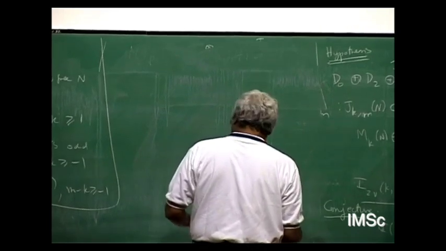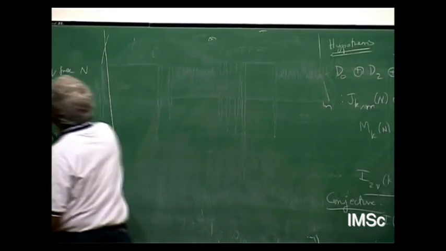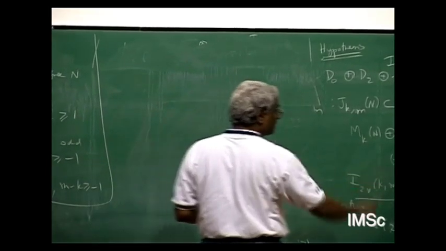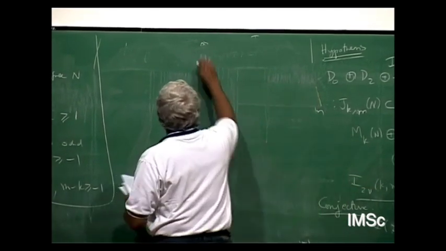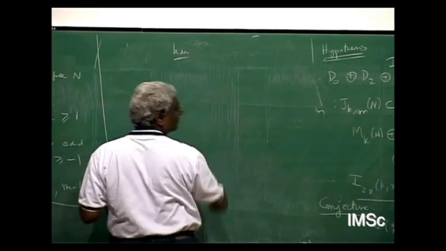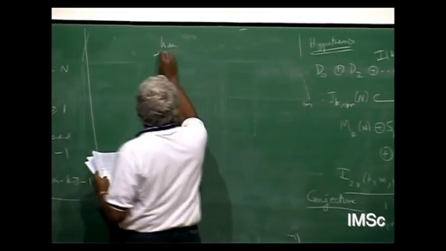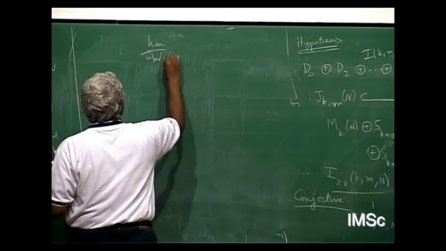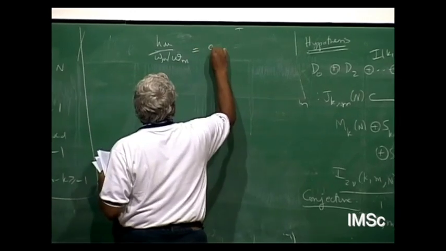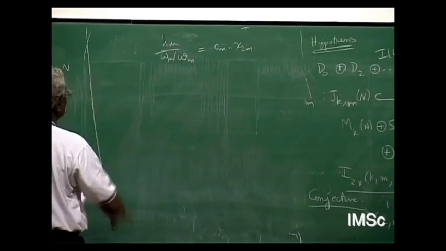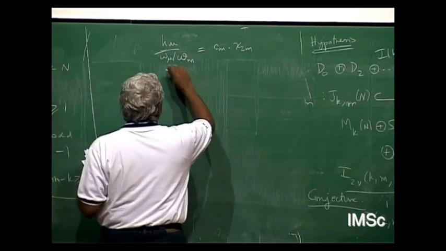So I will just go to the general proof. The other case one can easily do, it is straightforward. Anyway, I will go to the general case. So what we have is h mu by this; I bring it to this side. So we multiply both sides by some factor.